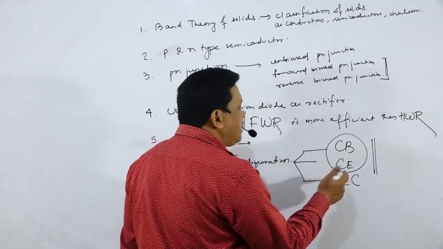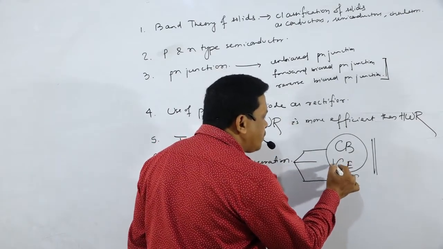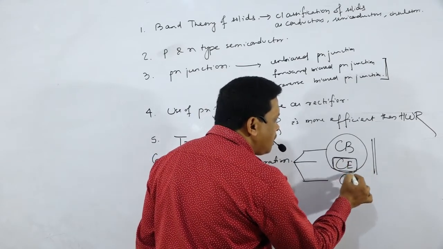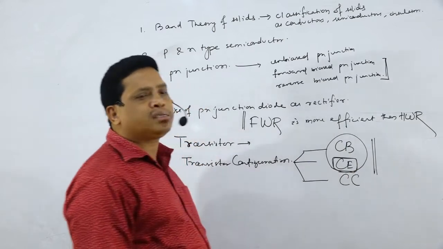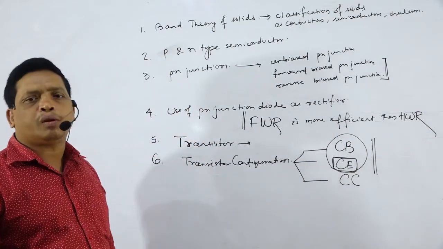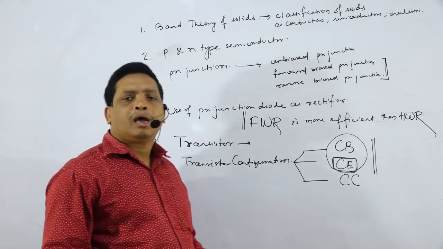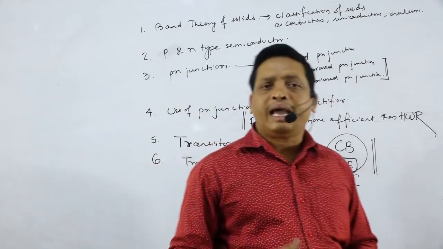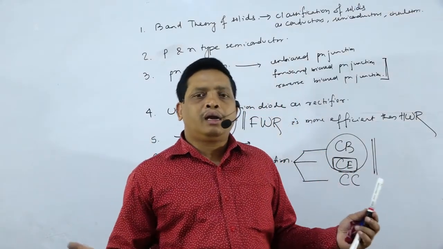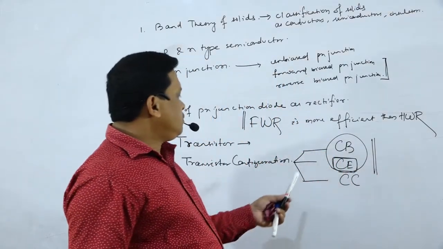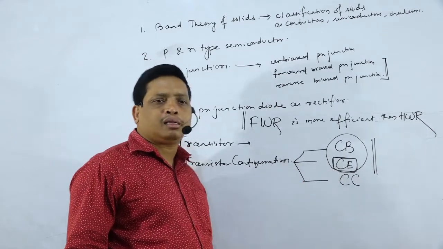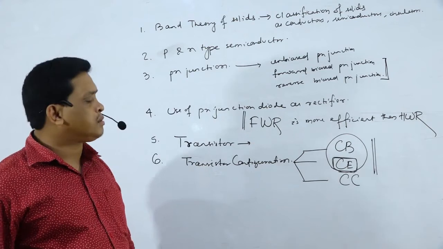And we found that the common emitter transistor configuration is better than common base transistor configuration, because common emitter configuration gives you higher current gain, higher voltage gain, higher power gain, and the amplification factor is much greater than that of common base.